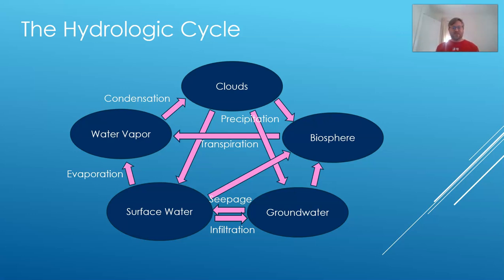There's seepage of groundwater out onto the surface. There's infiltration of surface water into the groundwater. So we got a bunch more of these flows connecting this hydrologic cycle together. And so if we want to see if this is balanced in the long run, we would need to add up all of these flows, right? All of the inflows, all of the outflows to each stock and see if in the long run, the inflows are equal to the outflows.